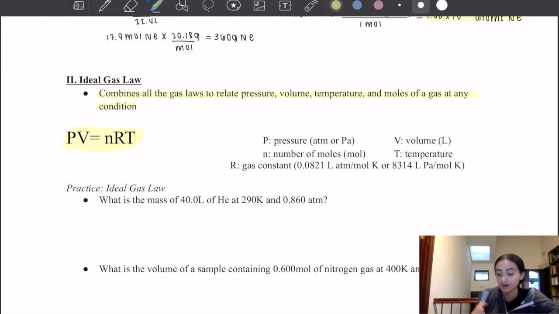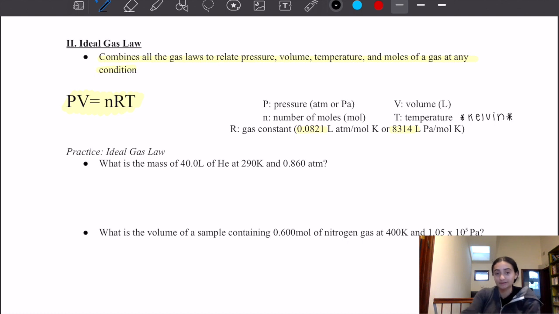P is pressure, V is the volume, n is number of moles, T is temperature, and R is a gas constant, which depends on your units of pressure. So if your units of pressure are in atmospheres, you use this gas constant. And if your units of pressure are in pascals, you use this gas constant. And I forgot to write here, your temperature must be in Kelvin.